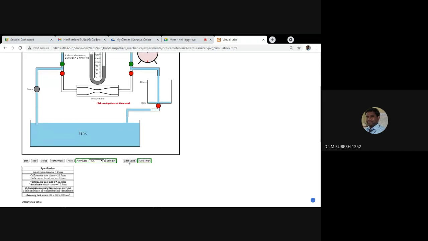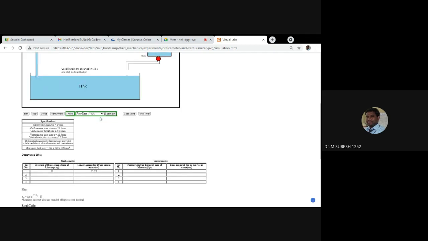You close the valve button and click on the stopwatch for every 10 centimeter rise of water. When it reaches every 10 centimeter rise, switch off the stop timer. When the timer stops, it shows that the 10 centimeter mark is reached, and you can see the pressure difference in terms of left side and right side.